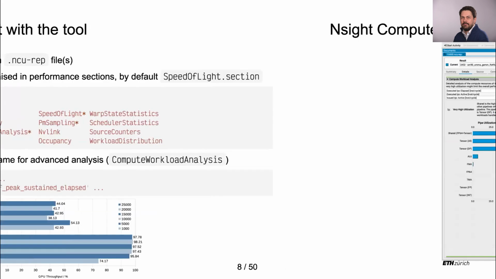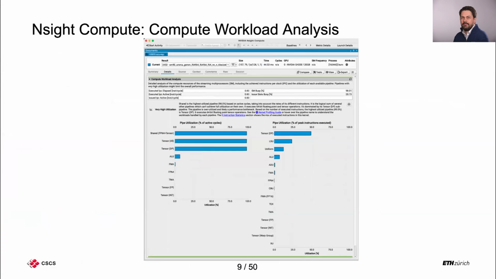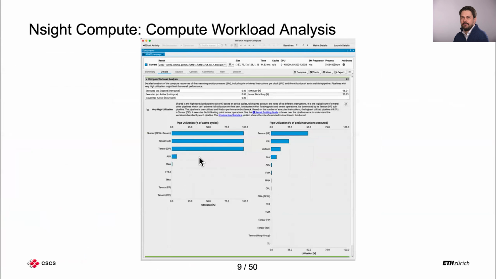And so if you run NCU with the section flag, that's what you will get. You will get something a little bit different from before with more performance metrics. And then it gets interesting to understand what the tool is trying to tell you.